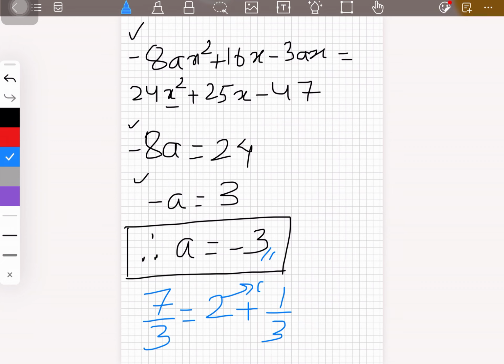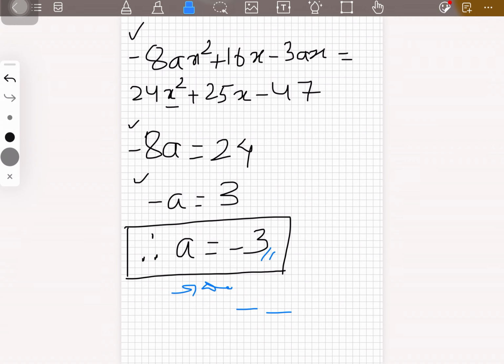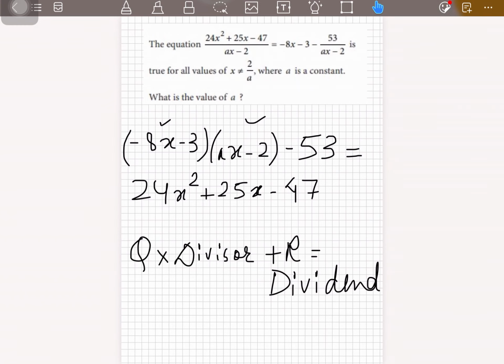This is the quotient, this is the remainder, this was the divisor, and this of course is the dividend. So yeah, we can erase this off. I've already talked about it previously. There you go, this is the final answer to this question. Not very difficult, but certainly thought-provoking, I would say.